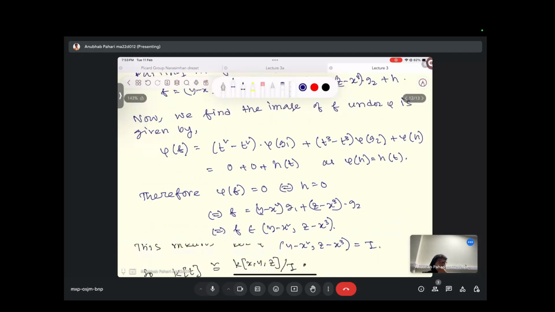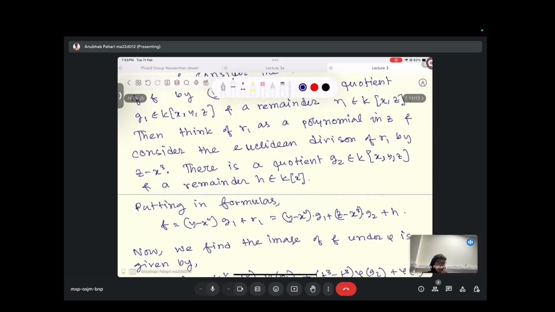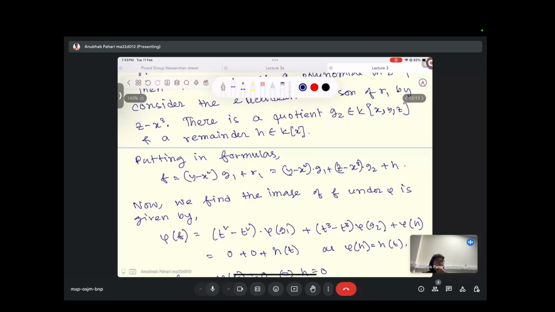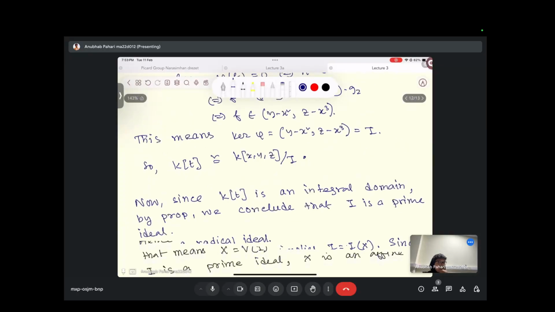So what we have done is that the main trick is to dissect this polynomial into these parts so that we can actually have this formation, and we can do it accordingly here.